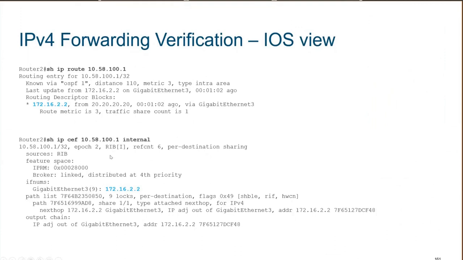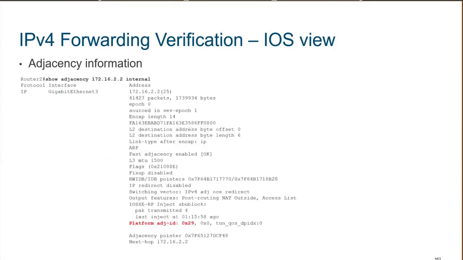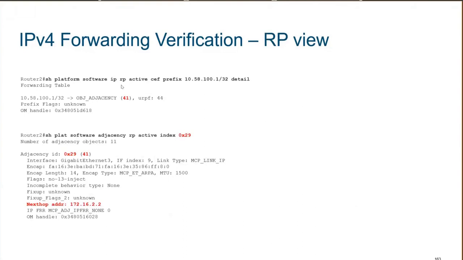So we'll get the exit interface, the output chain, how it is being sent out, and the next hop, all those things in the FIB. Adjacency information you will also get from the RP itself. These are all our RP views.